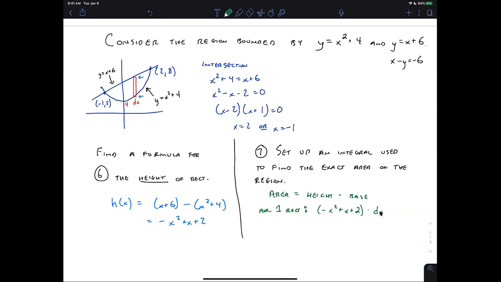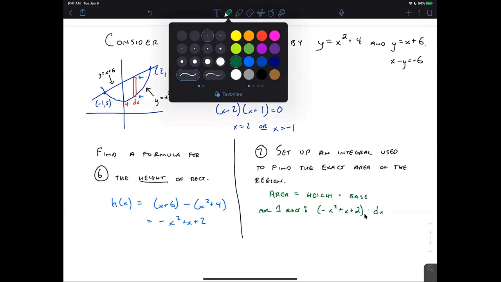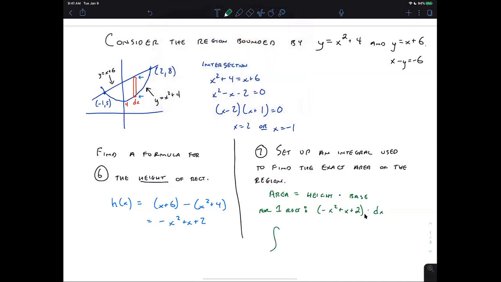Does everybody get that? Well, the way integrals work is that if I do the integral of negative x squared plus x plus 2 dx, it's going to add that up for whatever x's I want. I want to use every x between negative 1 and positive 2. The farthest to the left is negative 1, the farthest to the right is positive 2.